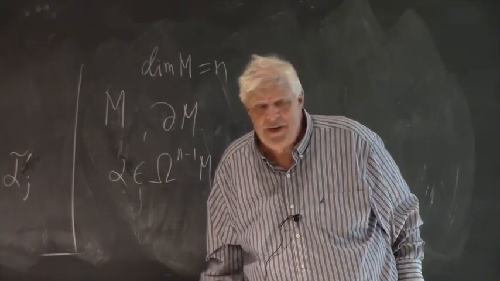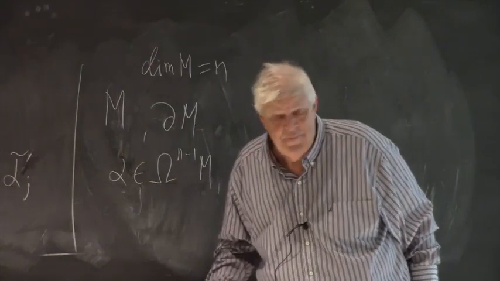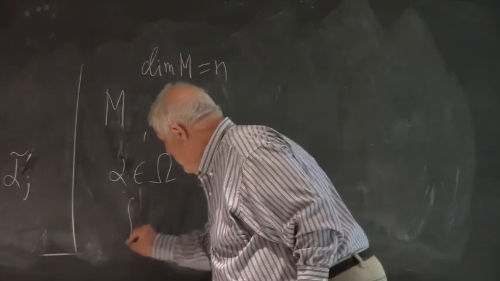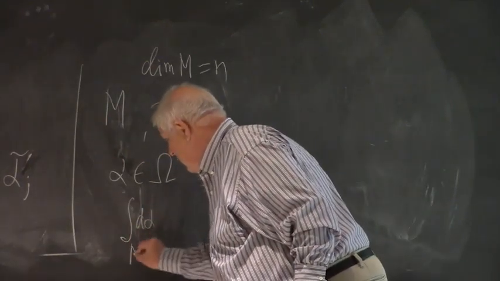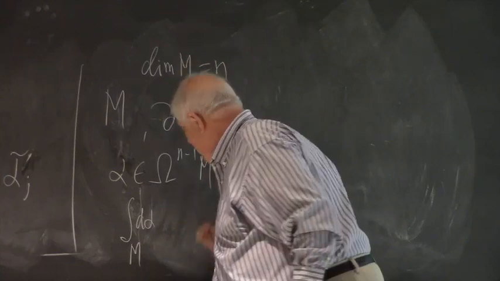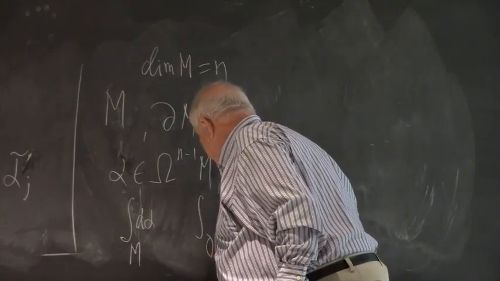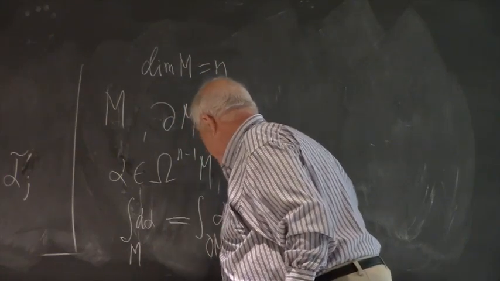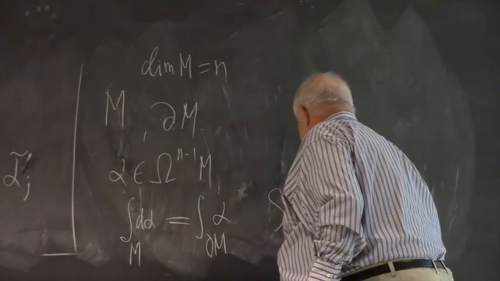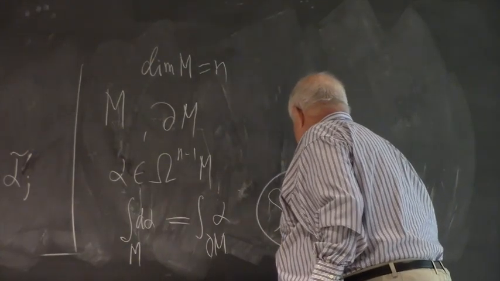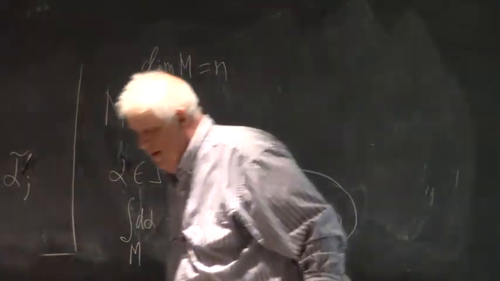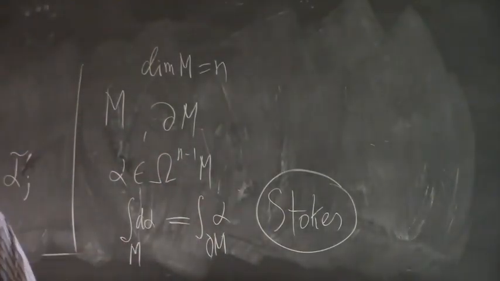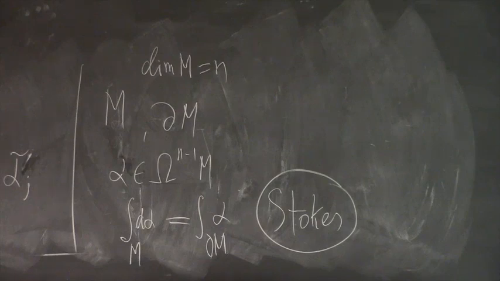We cannot integrate alpha over M, but we can integrate d alpha over M. You can integrate alpha over dM. And the Stokes formula says that these two integrals are the same.